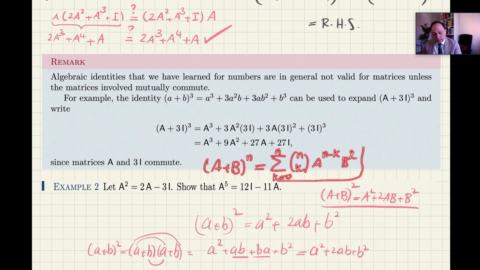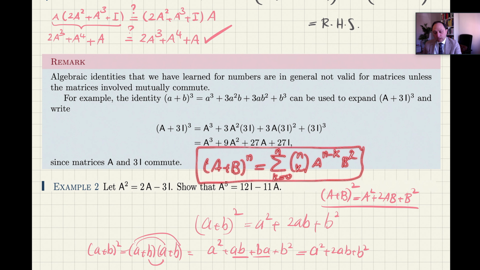So that formula is valid, but there is a big if there, and that if is that a and b are commuting. As long as the matrices involved are mutually commuting. If there are three matrices, A, B, and C, it's not enough to guarantee that A and B commute. You have to check that A and B commute, A and C commute, and B and C commute.